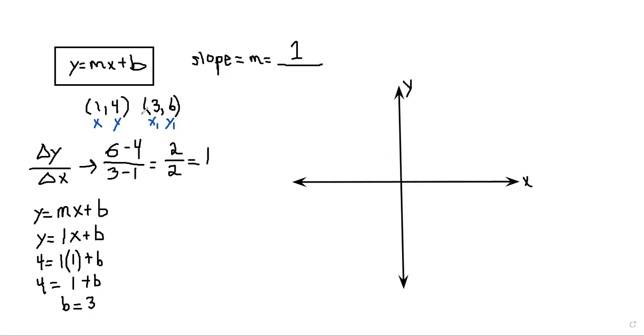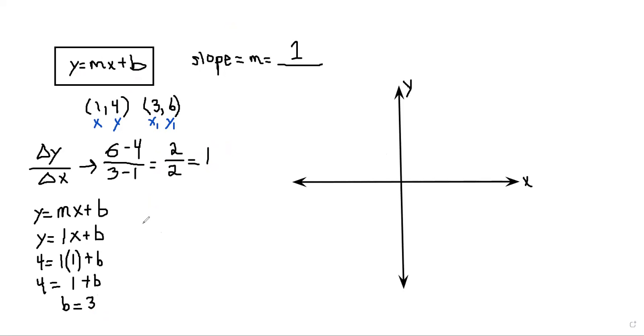So now I'm going to write our equation. I'm going to take our slope-intercept equation and put in our slope, 1, and our b equals 3, and write an equation with that. So let's put that right over here. Let's change color.